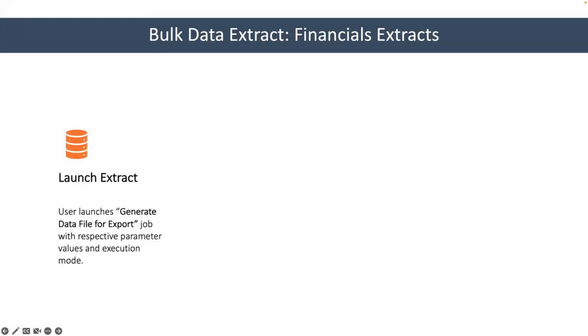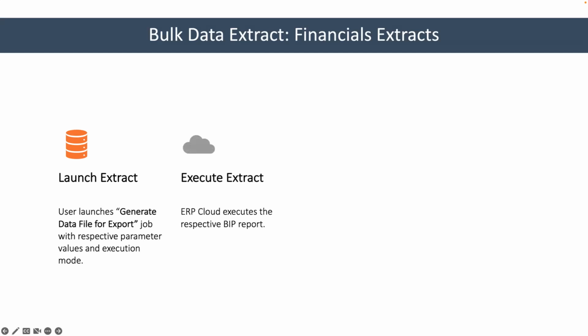It's similar to OTBI, but you can use this mainly for extracting data for external use. And these are seeded data. So you generate a data file for an export job, and you can run this. And there are also videos to see how to run that.